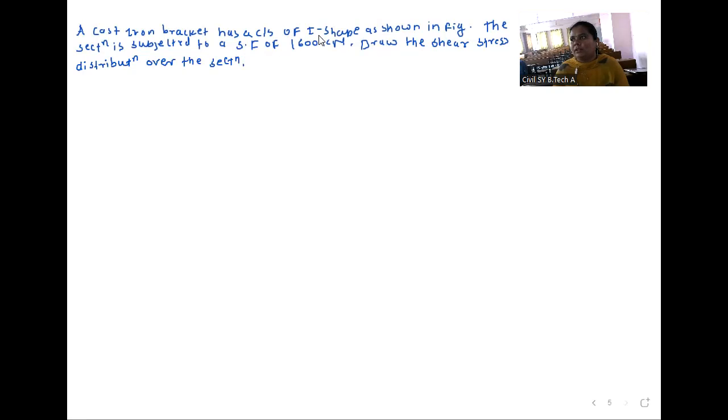Okay. I will draw the figure here. You can also draw. Now here an unsymmetric section is given.